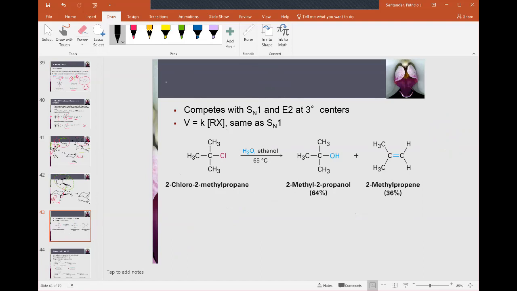We will see that there is a lot of competition in all these reactions. So when you have an SN1 reaction taking place, inevitably you will have competition between SN1 and E1. And also, depending on the solvent that you use, you can also have competition between E1 and E2. So in the next mini video, we continue analyzing that.